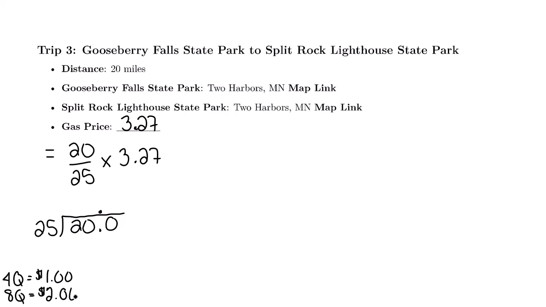It's because a quarter is worth 25 cents. So we're going to have 0.8. Now we're going to double check it here. We're going to take 25 times 8. 5 times 8 is 40. 8 times 2 is 16, 17, 18, 19, 20. All right. So we're going to subtract 200.